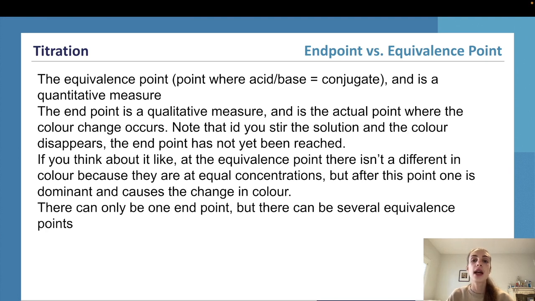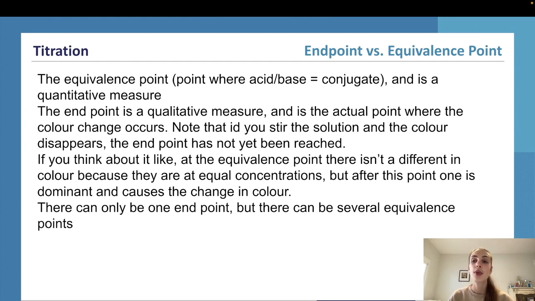So when we consider endpoint versus equivalence point, we want to talk about what equivalence point is. Equivalence point is a quantitative measure, and it's going to be the point where the acid and base concentration is equal to the conjugate acid or base concentration.